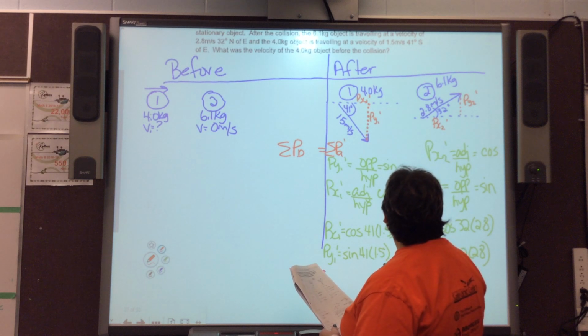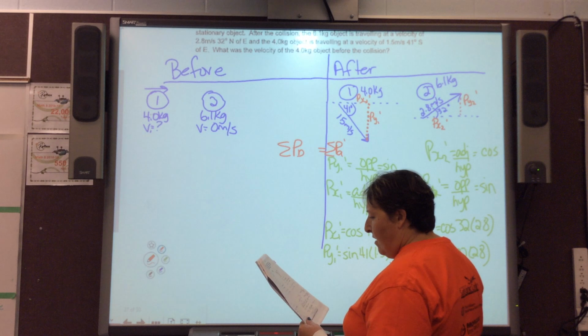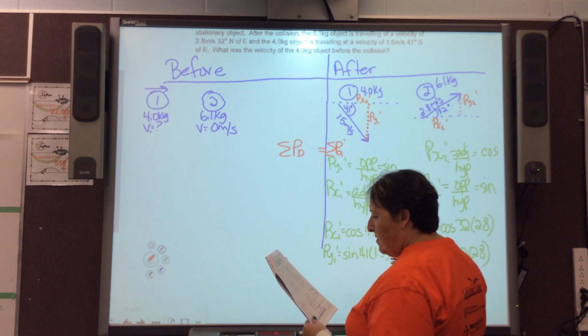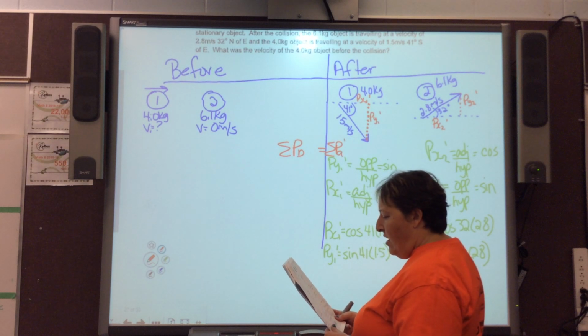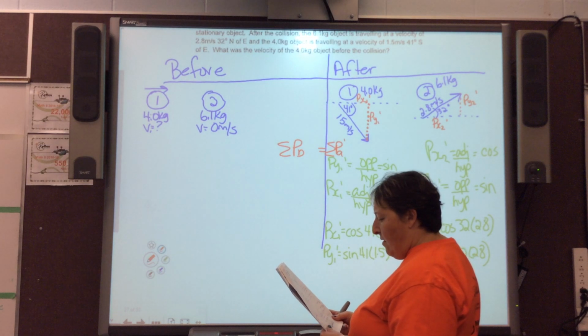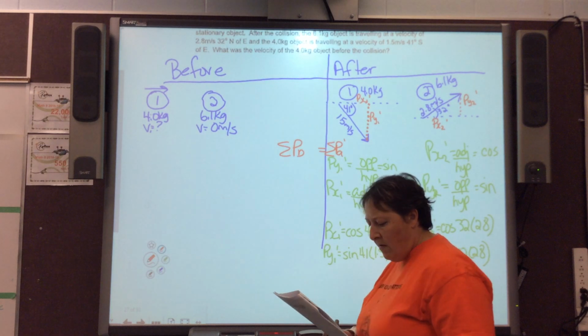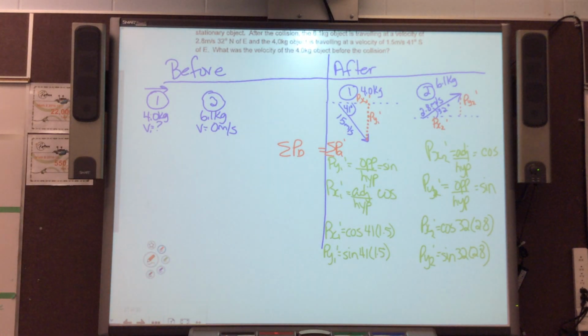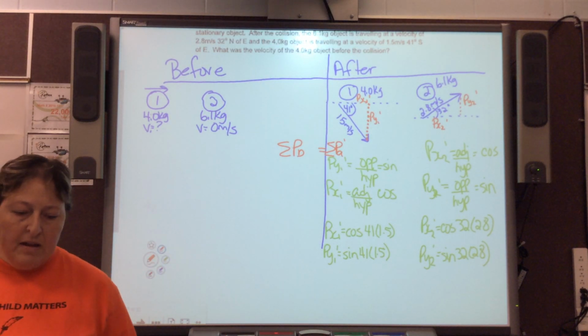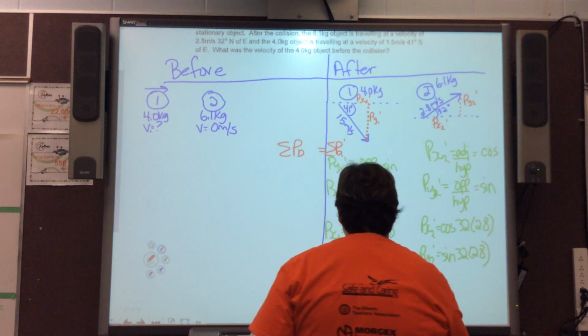I wrote something down wrong here. A 4 kilogram object is traveling at a velocity of 1.5. That's what I got. Oh, I put the wrong mass, so I'm going to have to redo my calculation. Okay, say, Reese?